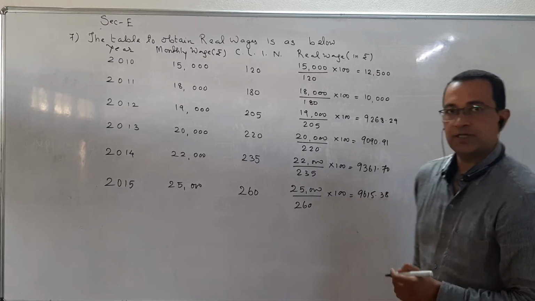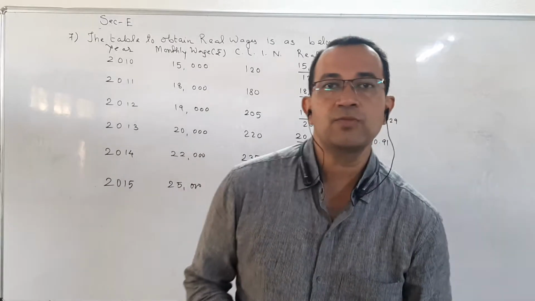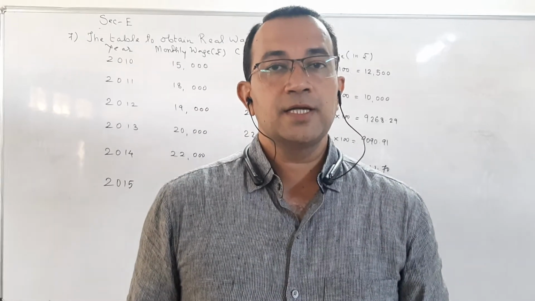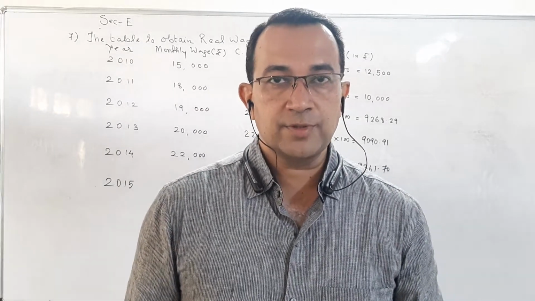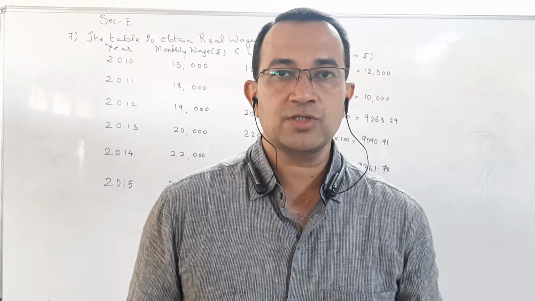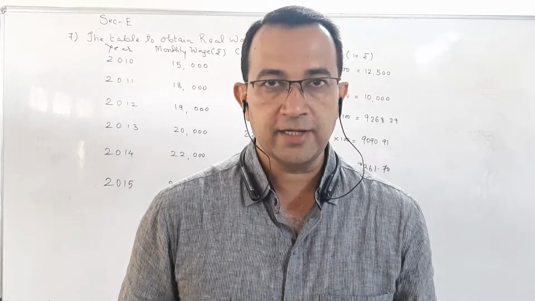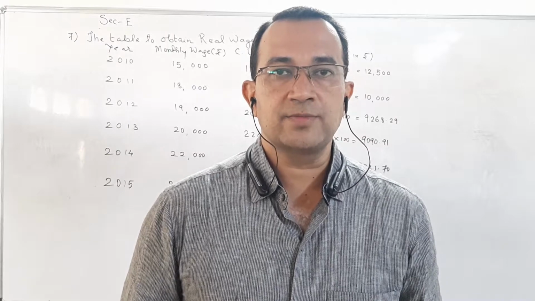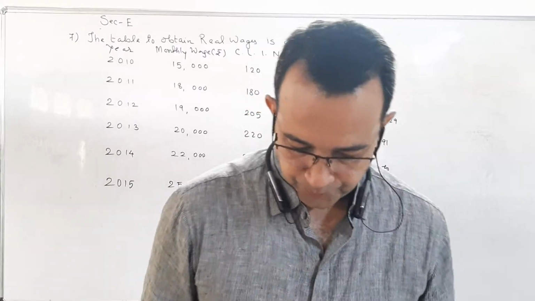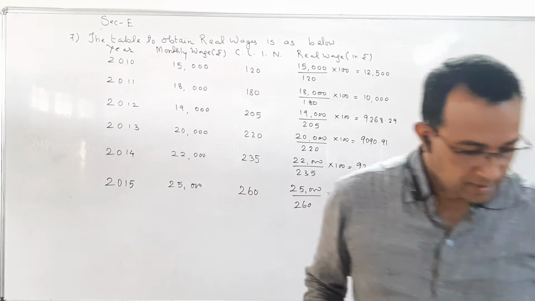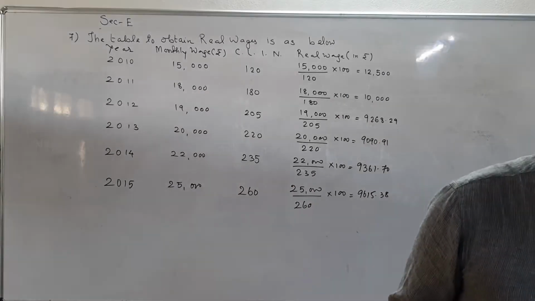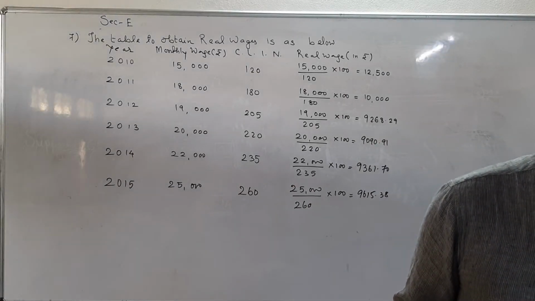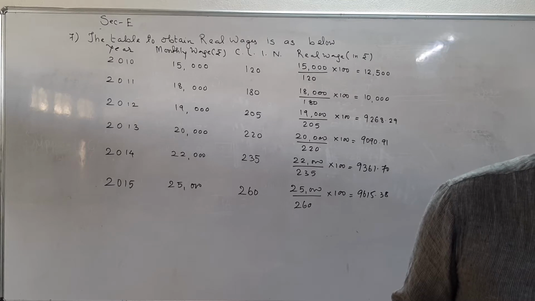Students, in the last lecture we have already studied the formula for real wage and purchasing power. Purchasing power is 1 upon cost of living index number into 100, and real wage is wage upon cost of living index number into 100. Then find the purchasing power of money in the year 2015, considering the year 2008 as the base year.